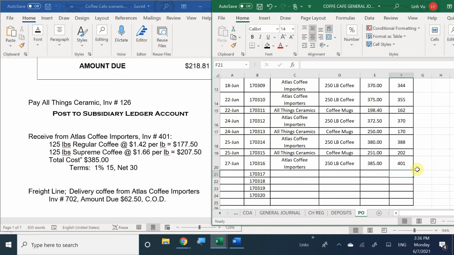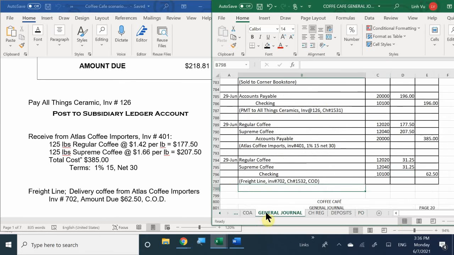Once our POs are updated, moving back to our journal. I'm looking at the journal just to remind myself: regular, supreme, accounts payable, regular, supreme, and checking. So we're going to go to the general ledger.